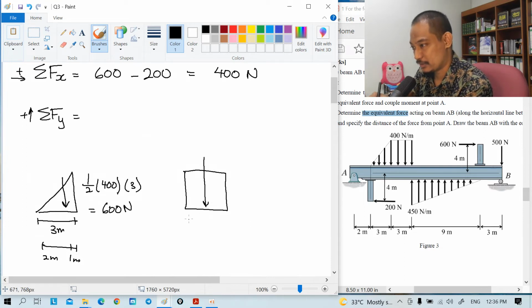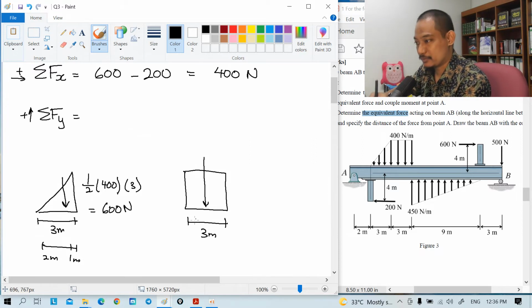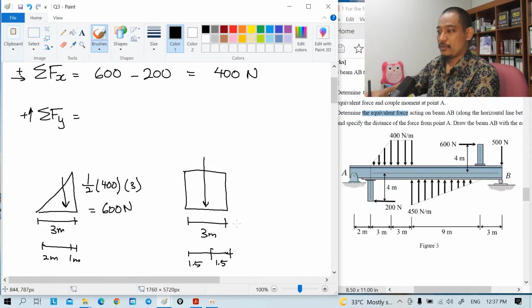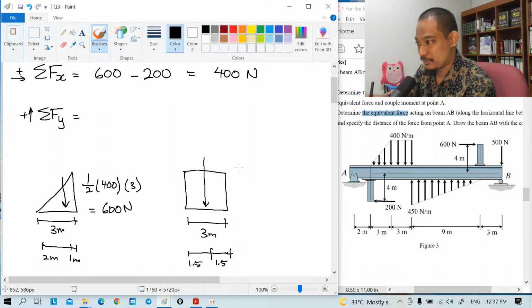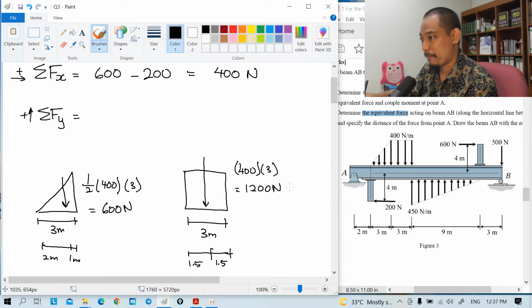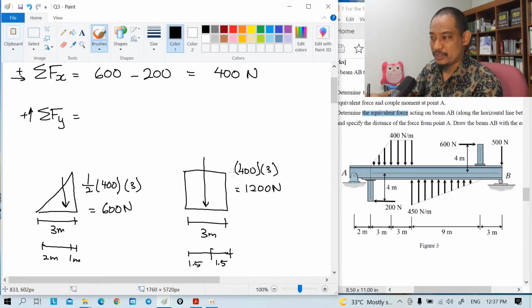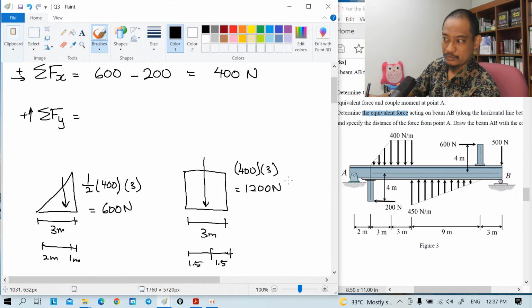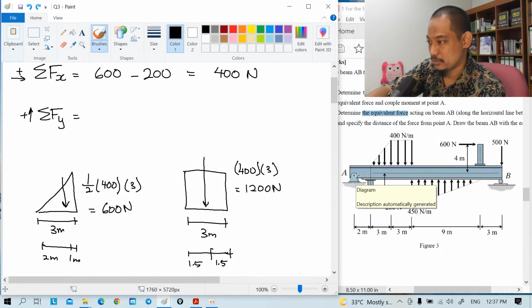The whole length is 3 meter, so 1.5 meter, 1.5 meter, right? And then the value here will be just 400 times 3, which is 1200 Newton, right? The unit is Newton per meter times meter becomes Newton. I'm not sure how some students still have issues with the unit here.